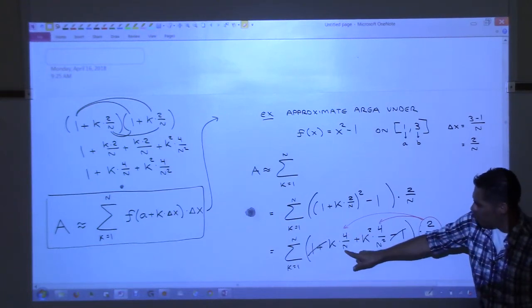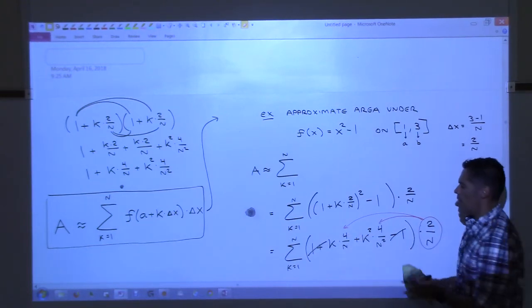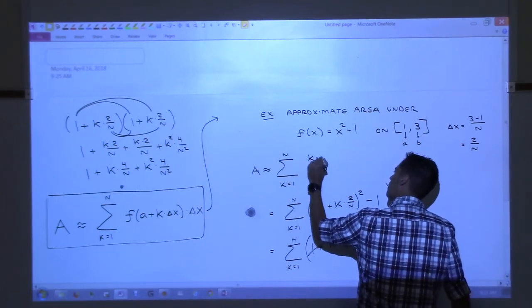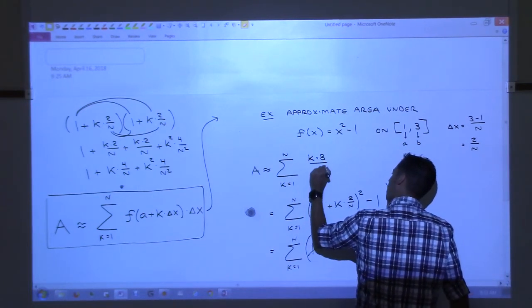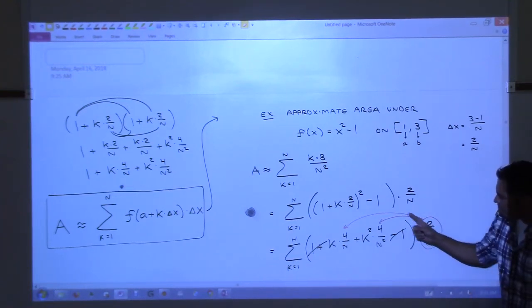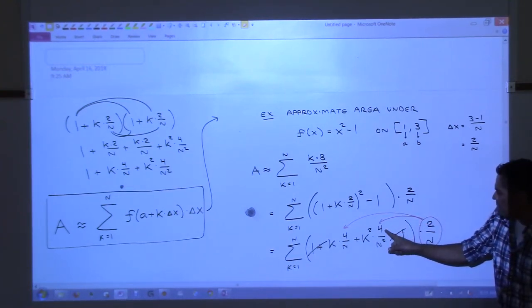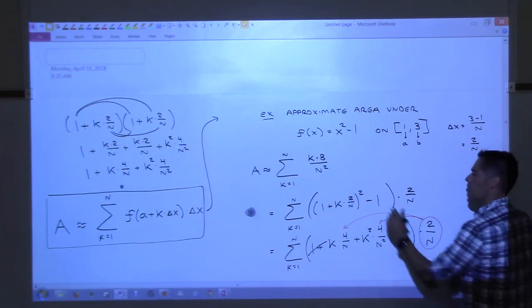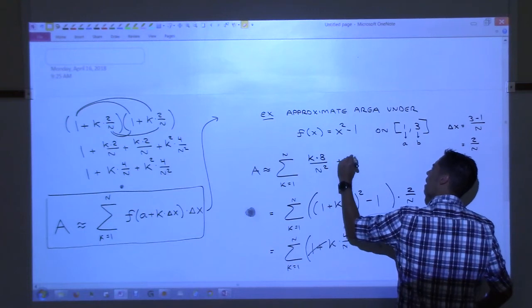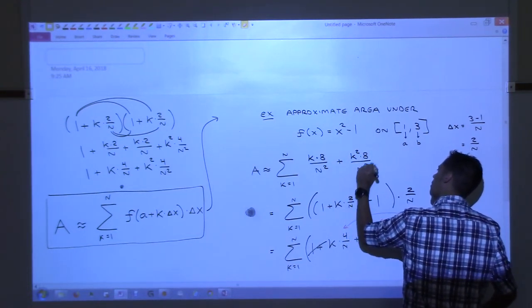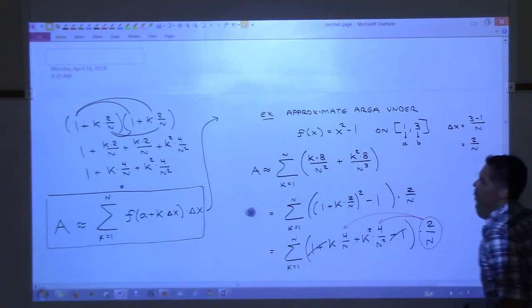And that n on the bottom will become an n squared. So k times 8 over n squared. And then here, when I multiply from here to here, that'll become an 8, and that'll become n cubed, won't it? And I'll still have the k squared out front. So plus k squared times 8 over n cubed. All right, so that's what I'm trying to do, right?